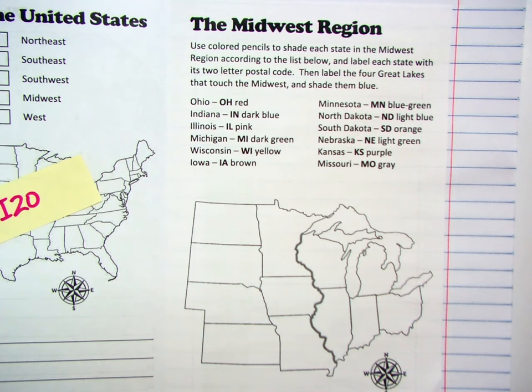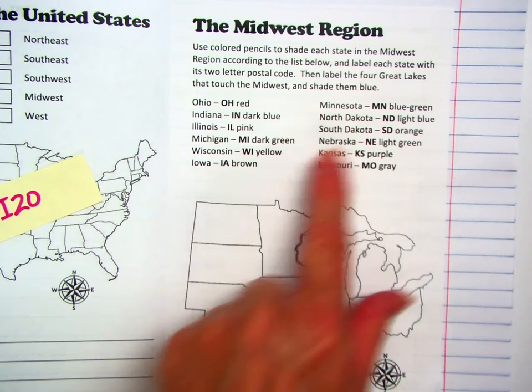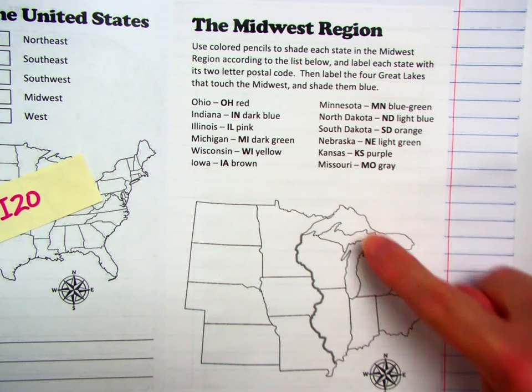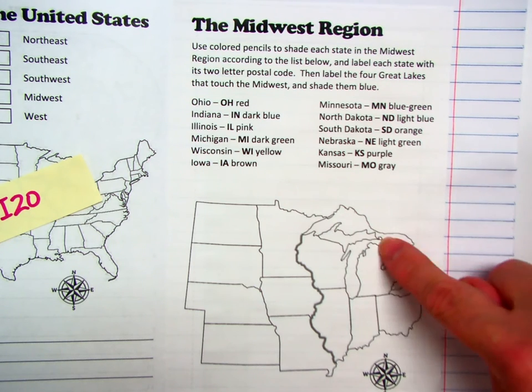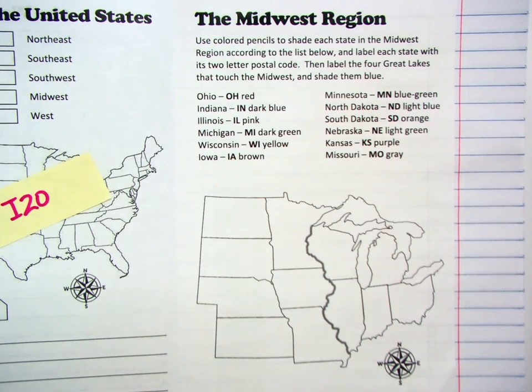For instance, Ohio is OH. And the postal codes are shown right here, beside the name of the state. Then label the 4 Great Lakes that touch the Midwest and shade them blue. And the 4 Great Lakes are right here. There are actually 5 Great Lakes, but only 4 of them touch the Midwest region of the United States.